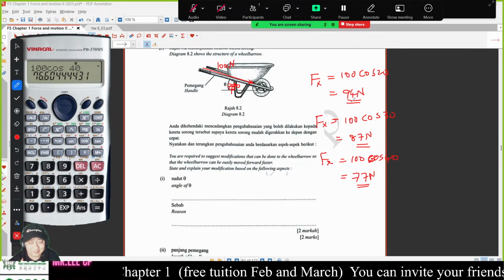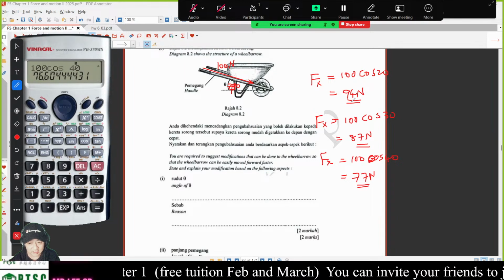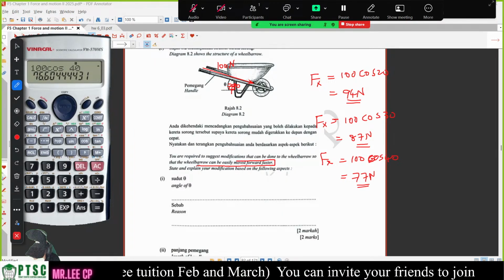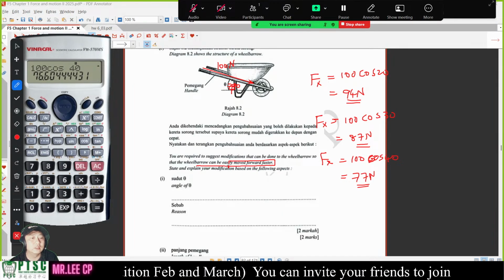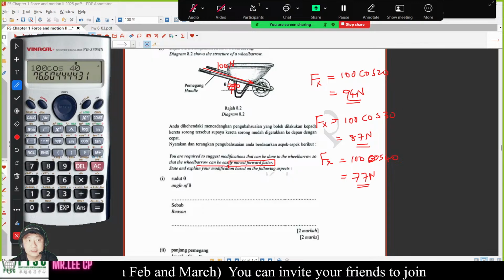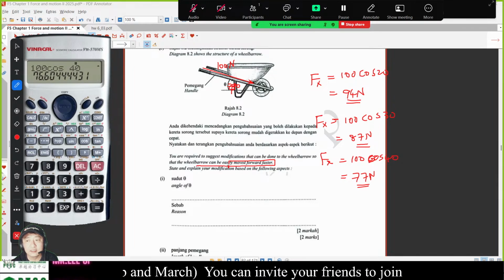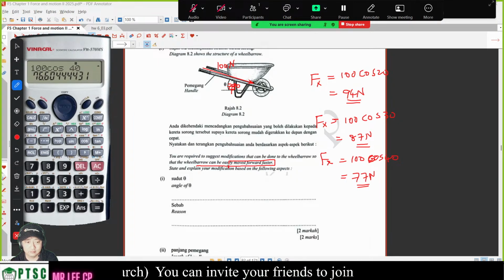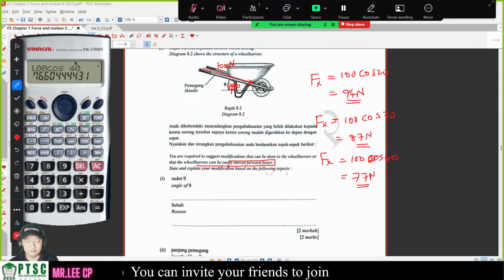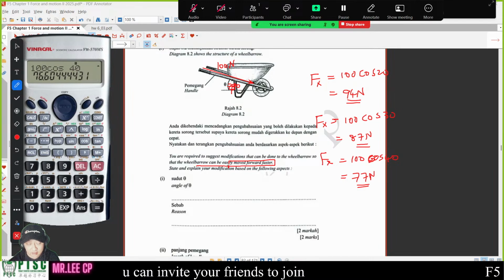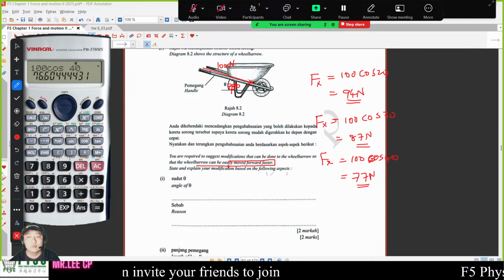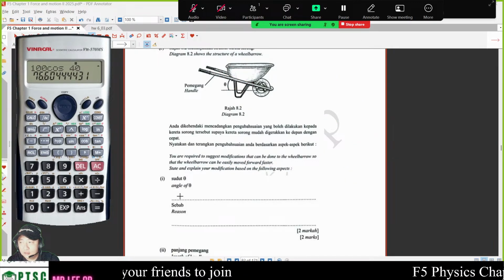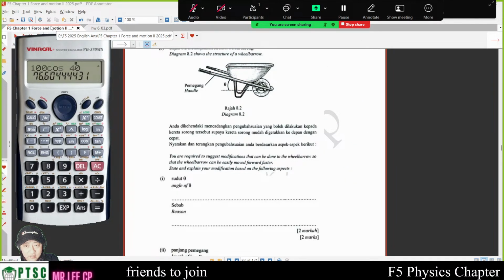So should the angle theta be big or small so the wheelbarrow can easily move forward faster? What do you think? Is it a bigger angle or a smaller angle?